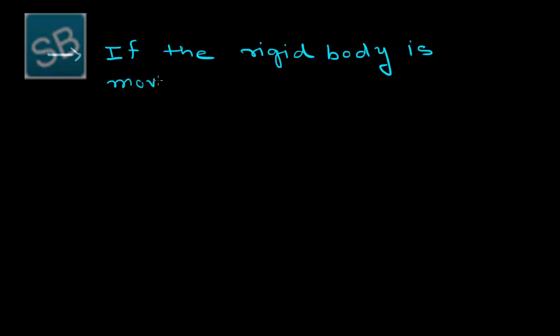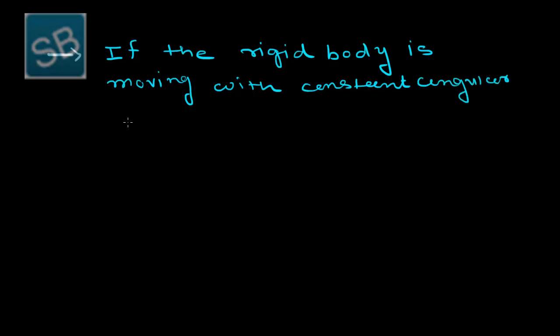Suppose you consider that the rigid body is moving with constant angular velocity, that means the time is changing but the velocity is not changing.